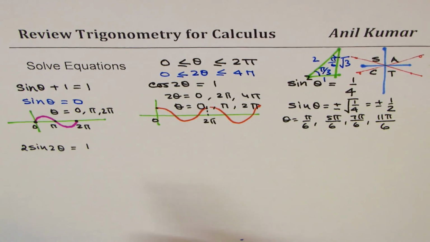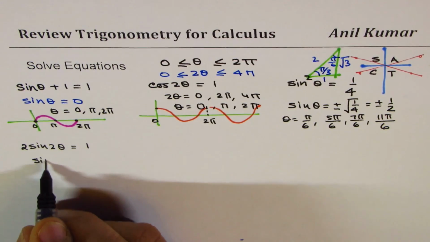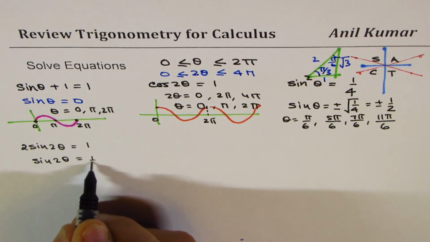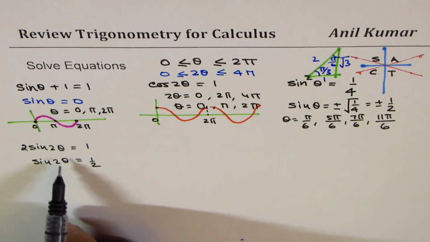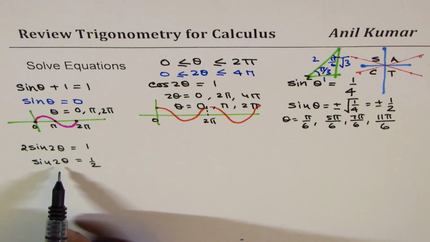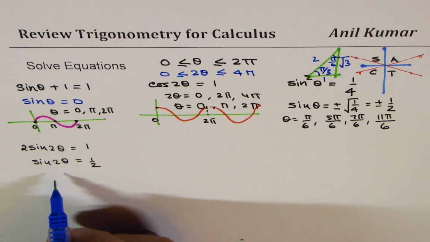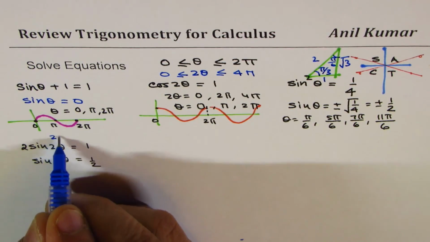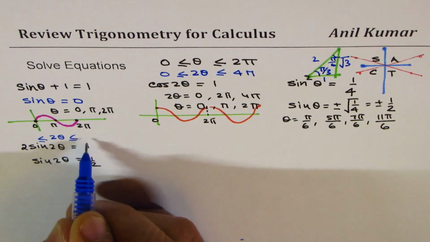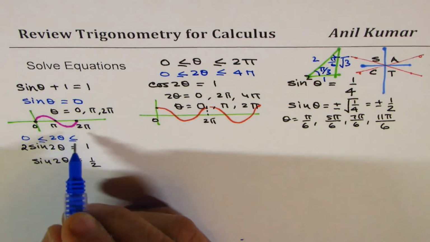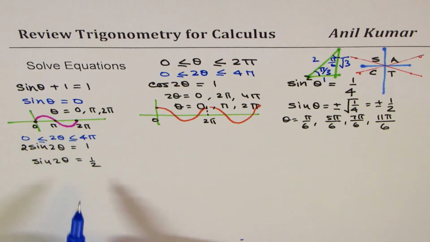Since we are talking about this, we can write this as sine 2 theta equals half. Now we are talking about 2 theta, not theta. So our domain changes. Our domain for 2 theta is going to be between 0 and 2 times 2 pi, that is 4 pi. Is that okay?